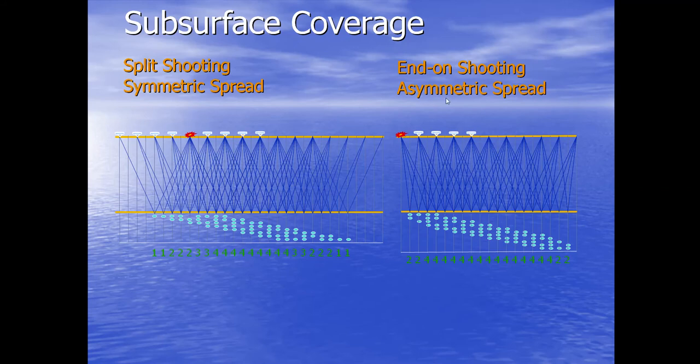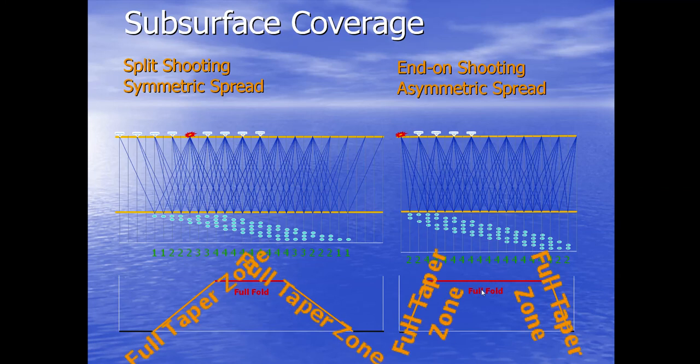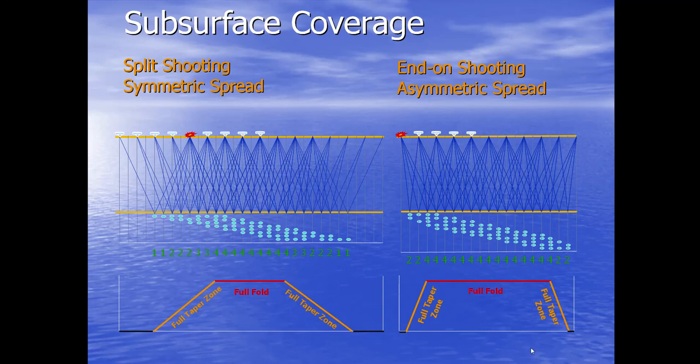In end-on shooting, the asymmetric spread is also 4-fold data. But here you can see the taper zone is smaller than in this area, so the no-fold area is more than here. So we prefer this type of survey.